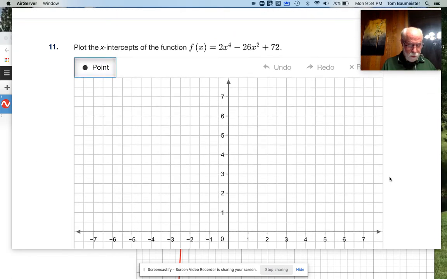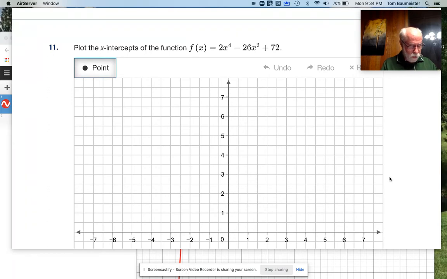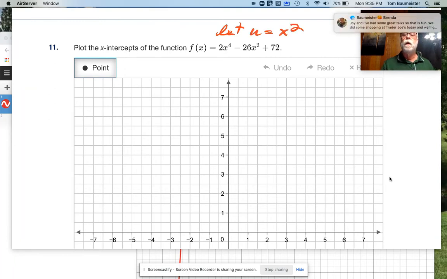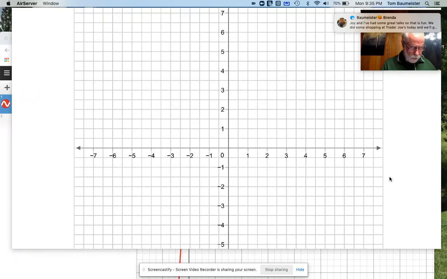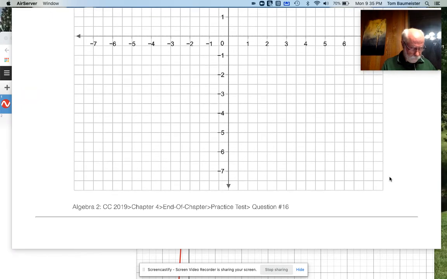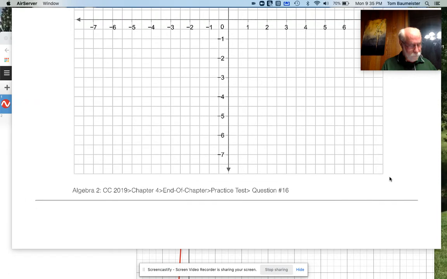Now remember, I told you an easy way to do this is to let u equal x squared. So if I let u equal x squared, all I'm doing is replacing x squared with u. So x to the fourth should be a u squared. Hopefully you'll agree with me.